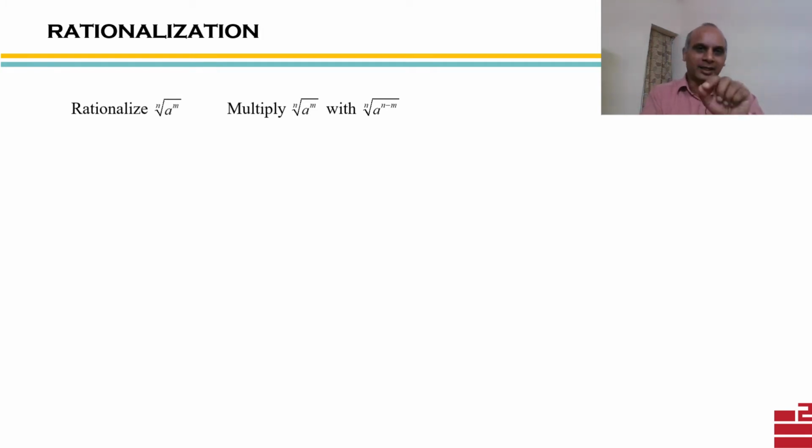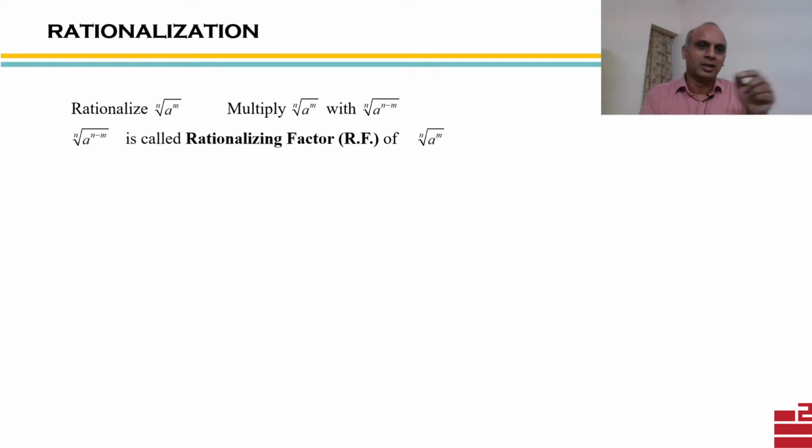And therefore, the second term is the rationalizing factor of the first term. In fact, it's vice versa also. The second term is the rationalizing factor of the first number, and the first number is the rationalizing factor of the second number. So in the previous example, if cube root of 7 square was a rationalizing factor of cube root of 7, the reverse is also true.